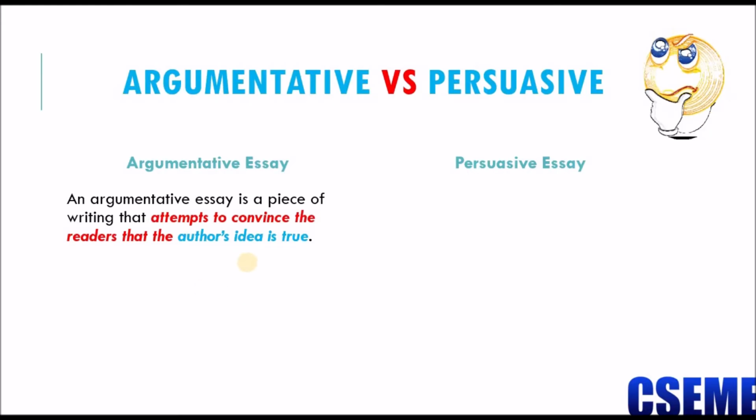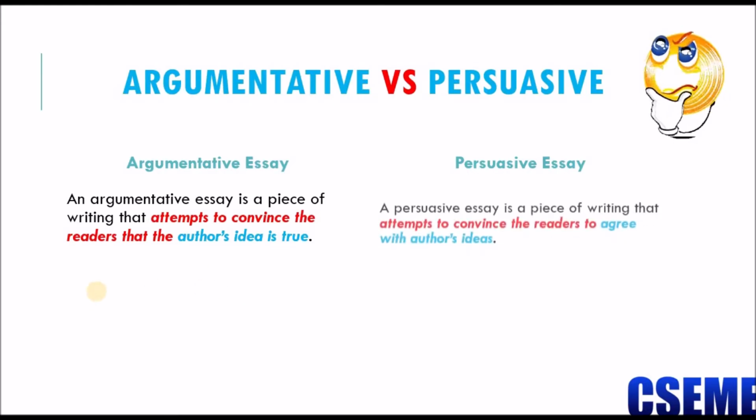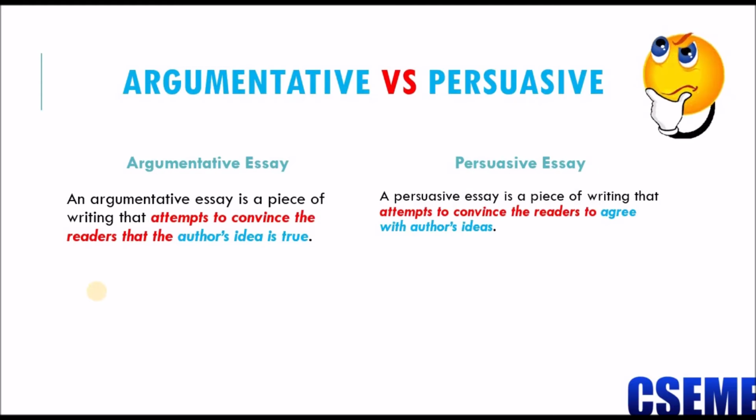And by doing that, they will agree with you. For the persuasive essay, your aim is to attempt to convince the reader to agree with your ideas. So there's a little difference there: in the argumentative, you're presenting your arguments because what you're saying is true. In persuasive, you are trying to say, hey, agree with me because of this.